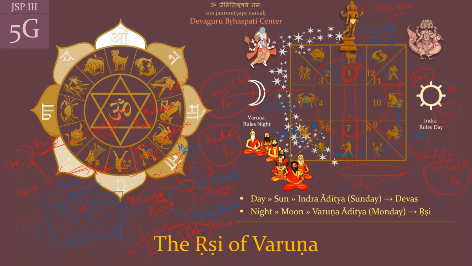That is why Jaimini is continuously telling us to focus on Lagna or 7th house, all the time. Hora Shastra is about Lagna or 7th house. I want you to make these connections in your mind. These connections are very, very important. They have to be made in the mind.